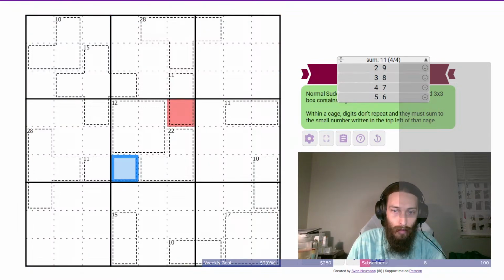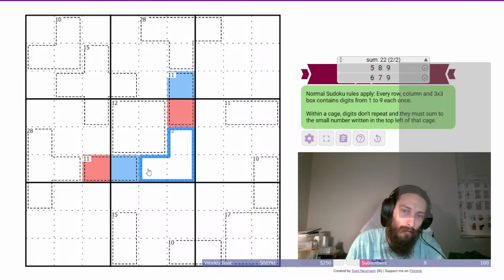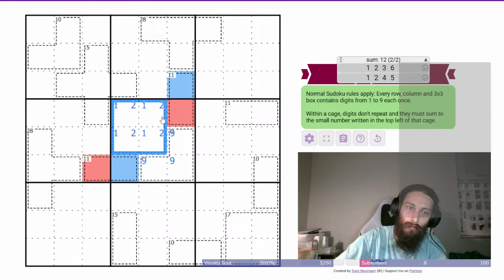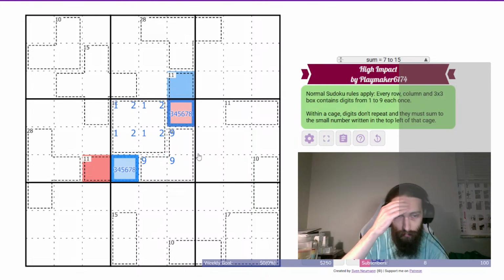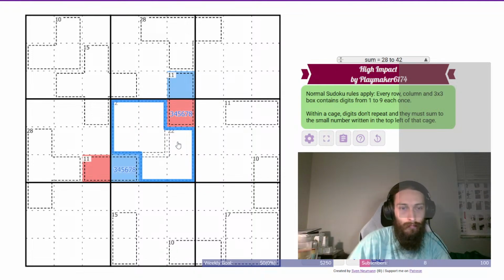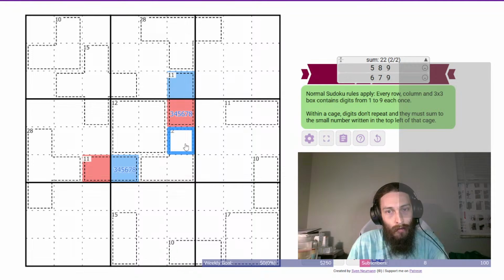We know that we've got red, blue, and red, and blue. This 22 has to have a 9 in it, and this 12 has to have 1 or 2 in it. So red and blue have to be 3 through 8.